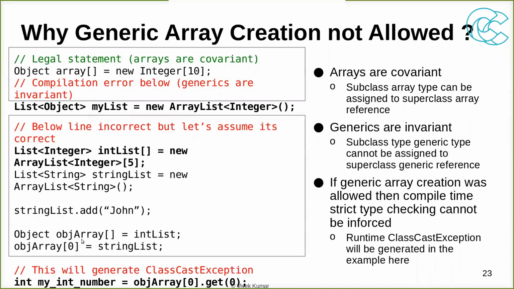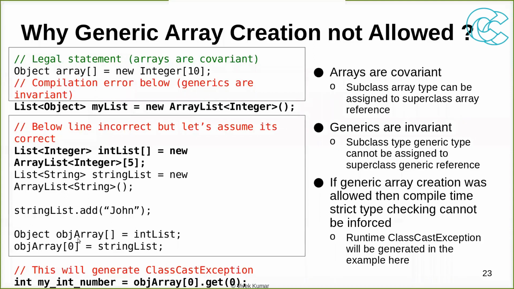You are adding a string. Now you are creating an object array, and you are assigning that int list to it. Obviously it has 5 elements, so the first element is a string list. So it is a list of lists, basically. But there would be a problem here because whenever you do a get, it will result in a class cast exception.